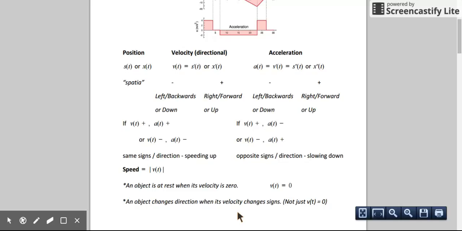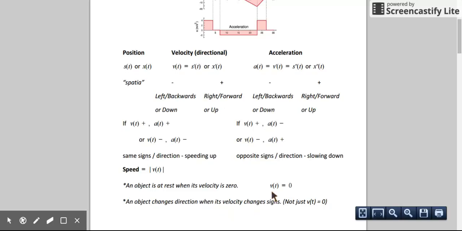And so an object in that case is going to stop before it changes direction. So if we can find zeros of our velocity function, or times at which our object is at rest, then we can set up some intervals around those times to determine what direction our object was traveling in before and after it came to rest.